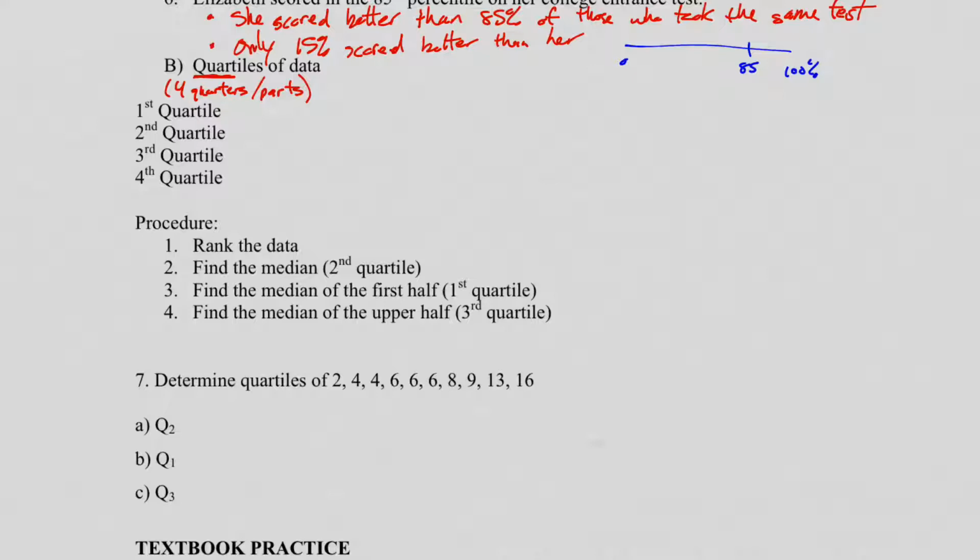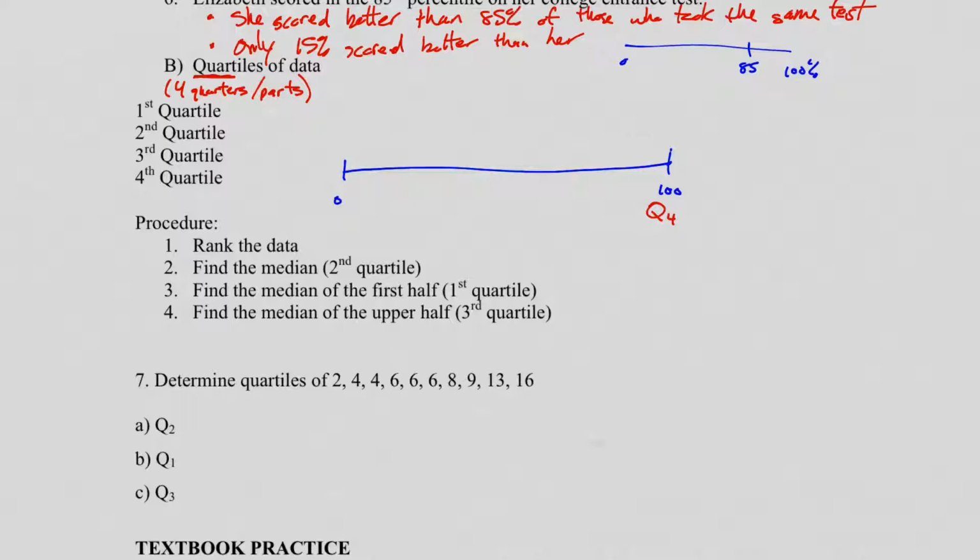All right. And so let's say you have again 0 to 100%. So obviously the full set of data is going to be Q4.